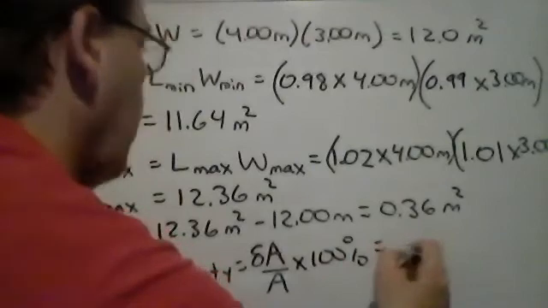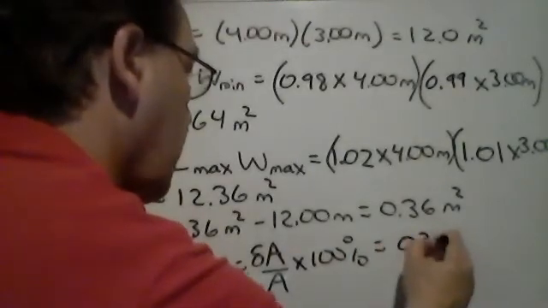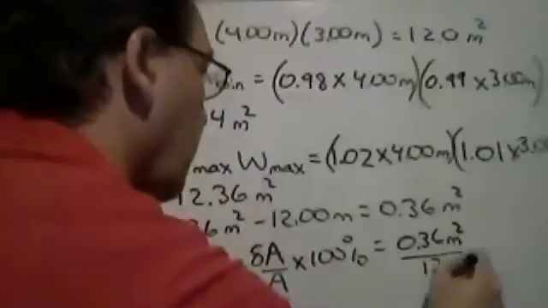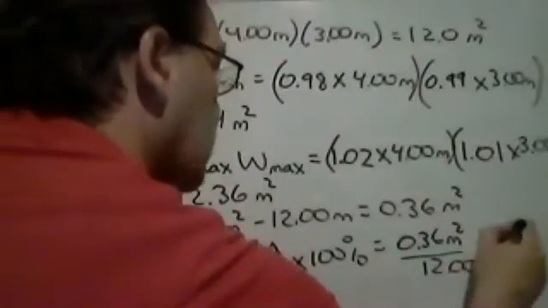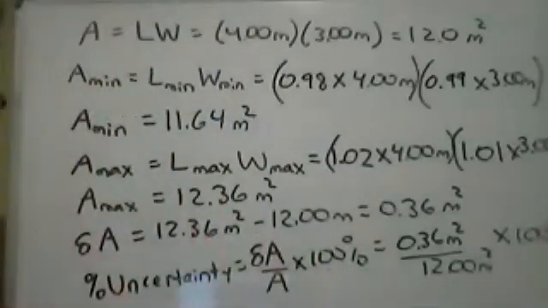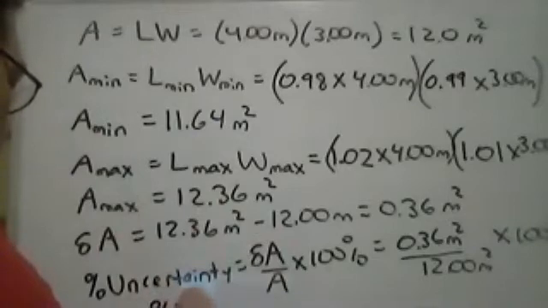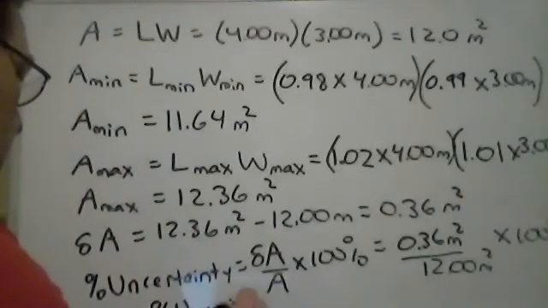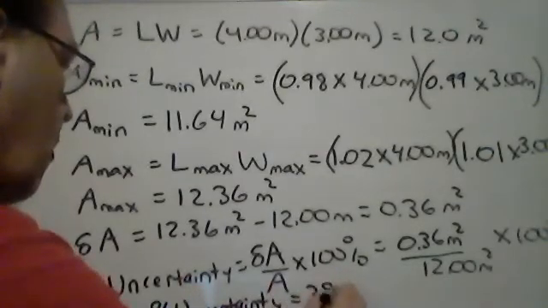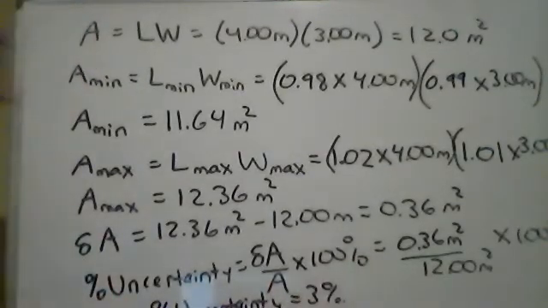That'll be 0.36 meters squared divided by 12 meters squared, multiplied by 100. And it turns out if I do that calculation, I find out that the percent uncertainty is 3%. So yes, that particular shortcut works just fine.